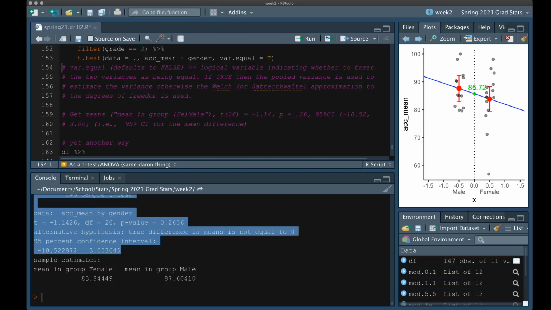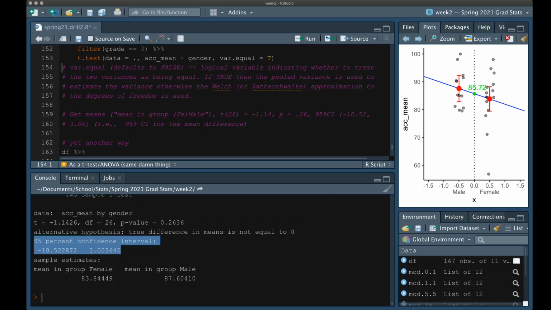If your confidence interval does not capture 0, then you are saying you are 95% confident that the true population parameter is not 0. In other words, the difference is not 0. But here, the difference very well could be 0, and that's why this is not significant.